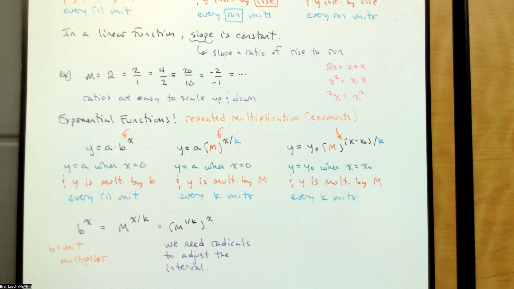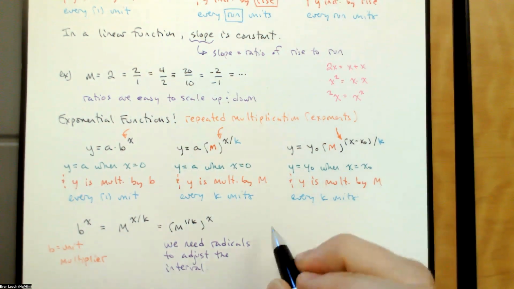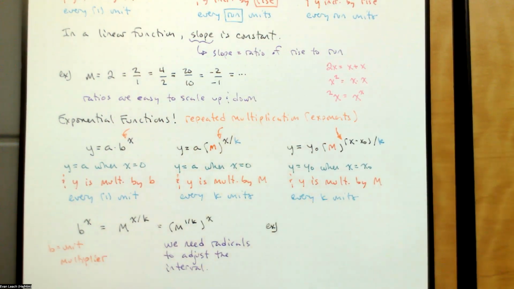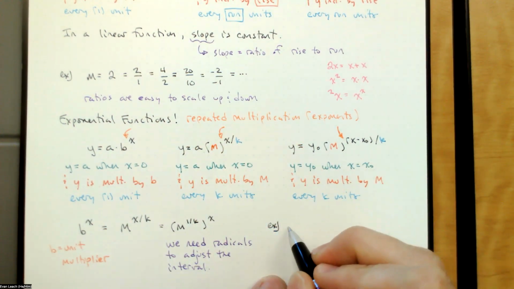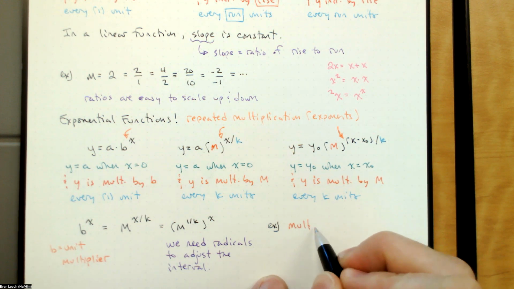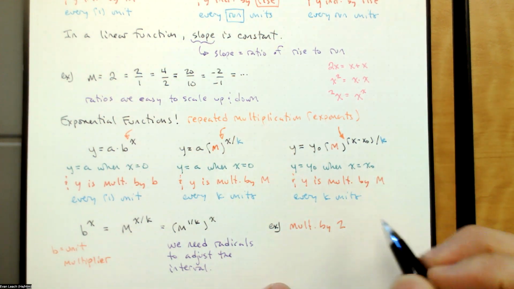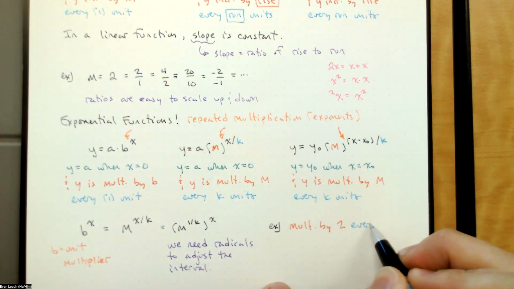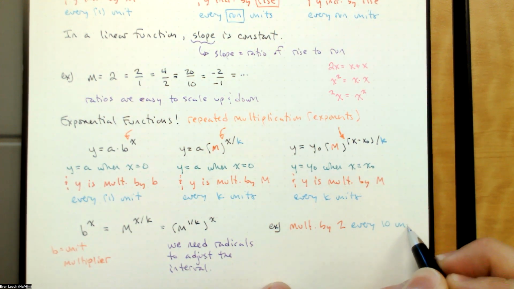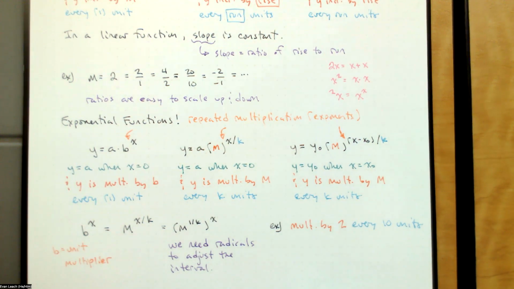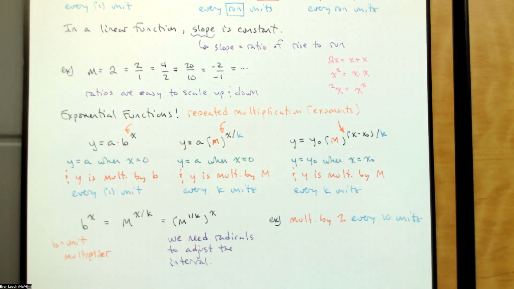So for example, if we have a description that says multiply by 2 every 10 units, if I want to know what happens every 1 unit, since it's multiplication, I have to undo that with some radicals.